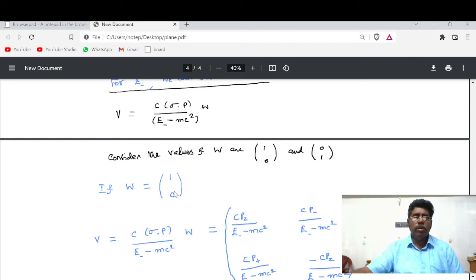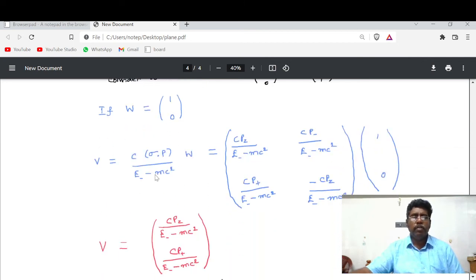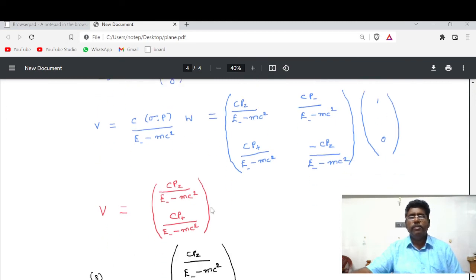If W equals (1, 0), we can get the value of V in this way as this much.